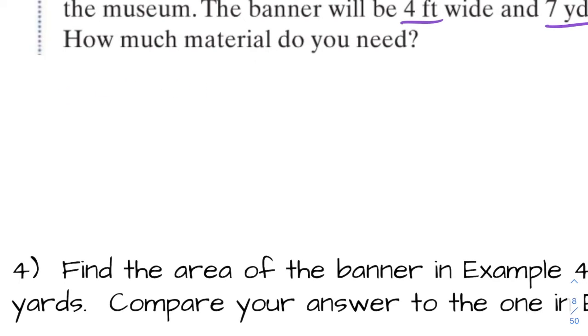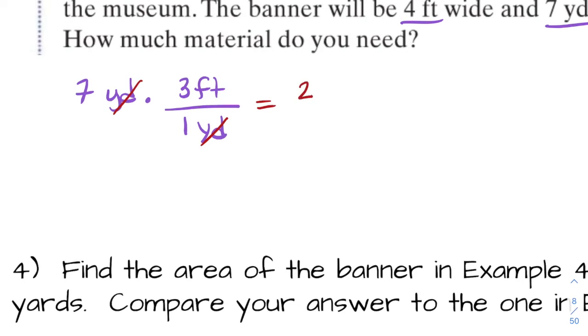Here's how we convert. Ready? So I have 7 yards, and I say that there are 3 feet per 1 yard. So here's what happens. Yards divided by yards goes away, and I have 21 feet.